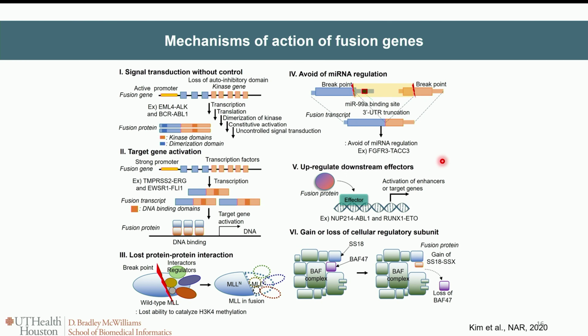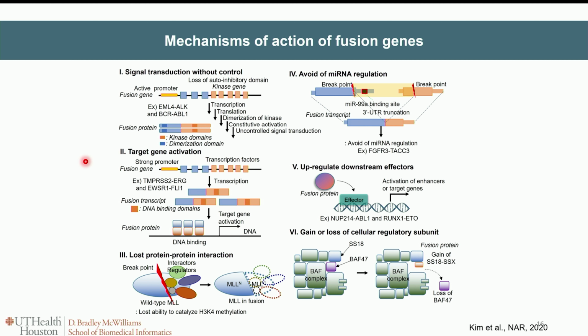Here I summarize the potential mechanisms of how fusion genes make tumors. The first one is the widely known mechanism, signal transduction without control in the case of kinase fusion genes. This is well studied so far, and there are many drugs.